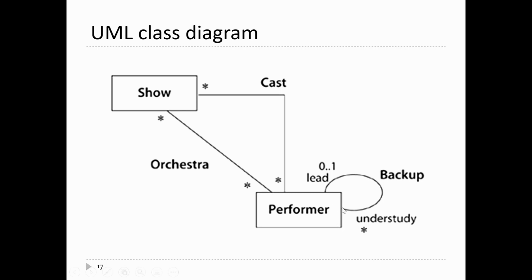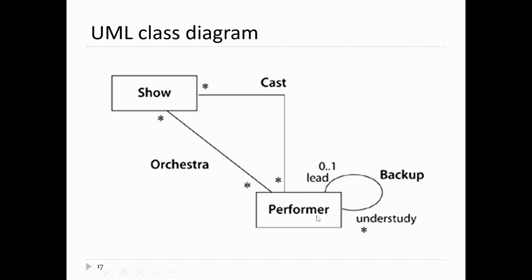The understudy can back up zero or one lead performers. A lead performer might have any number of understudies who are backing them up. So association can be a two-way relationship, and it can even be a relationship between objects of the same type.